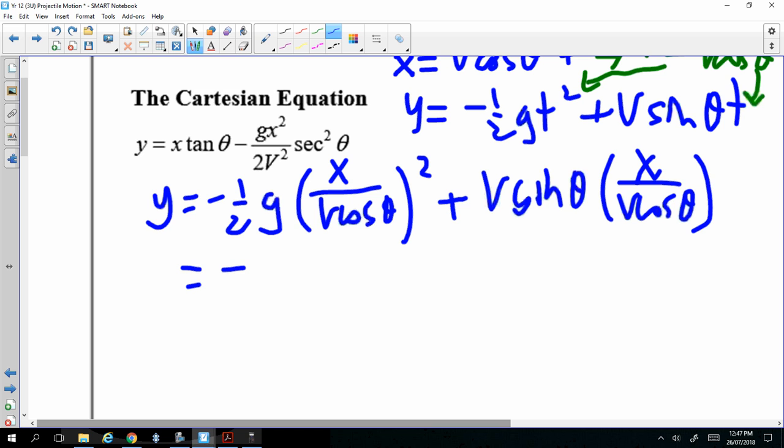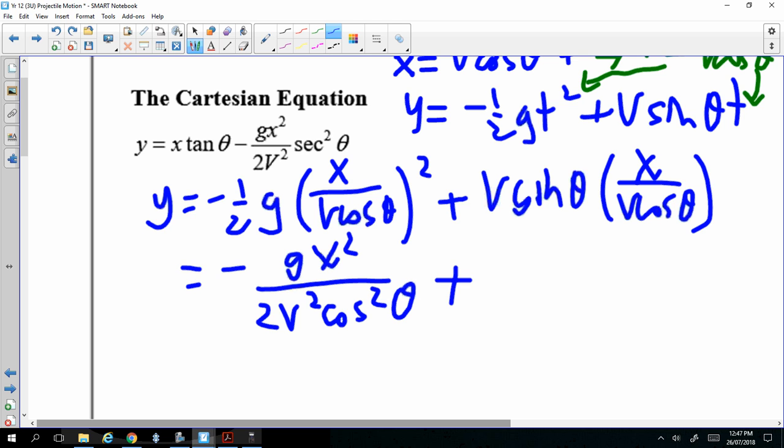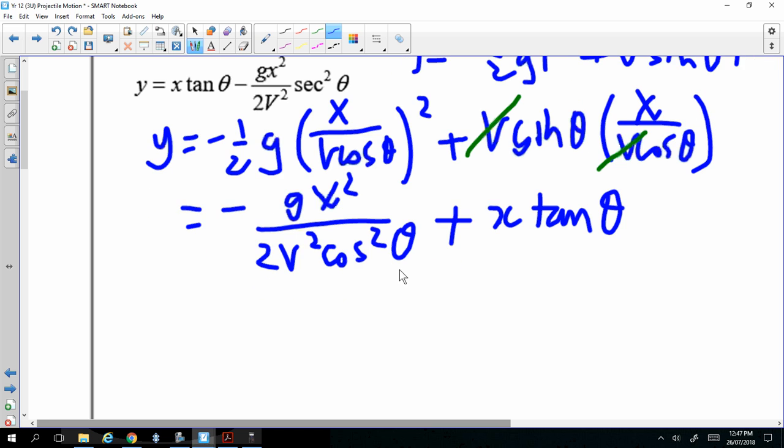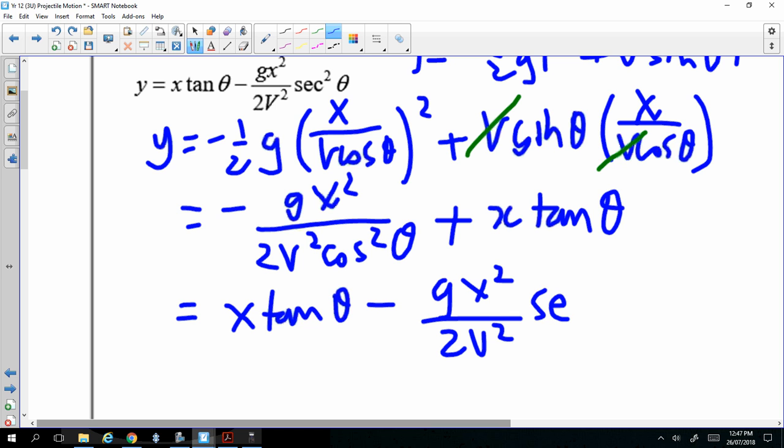So you write x tan theta minus g x squared over 2 v squared sec squared theta, because sec squared theta equals 1 over cos squared theta. Okay, good. So we got the Cartesian equation.